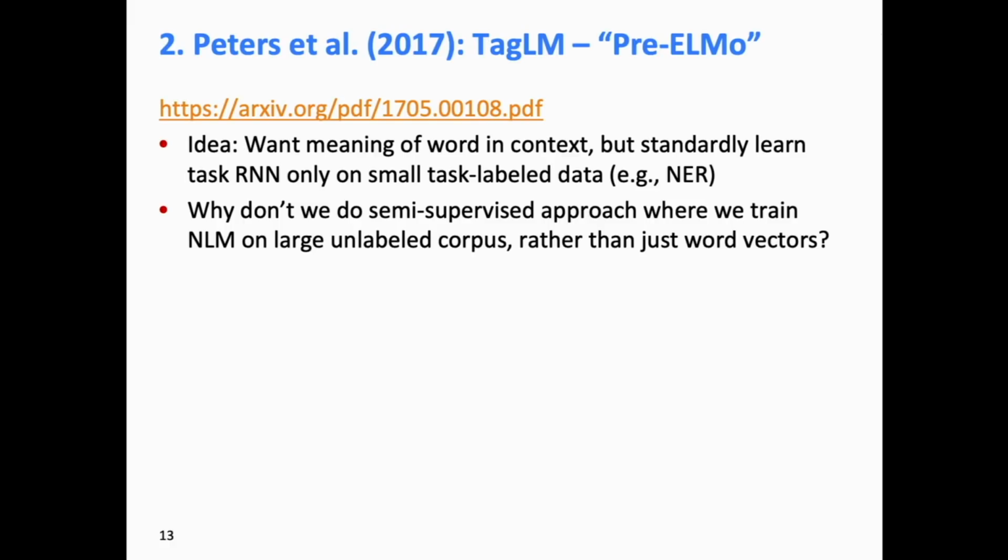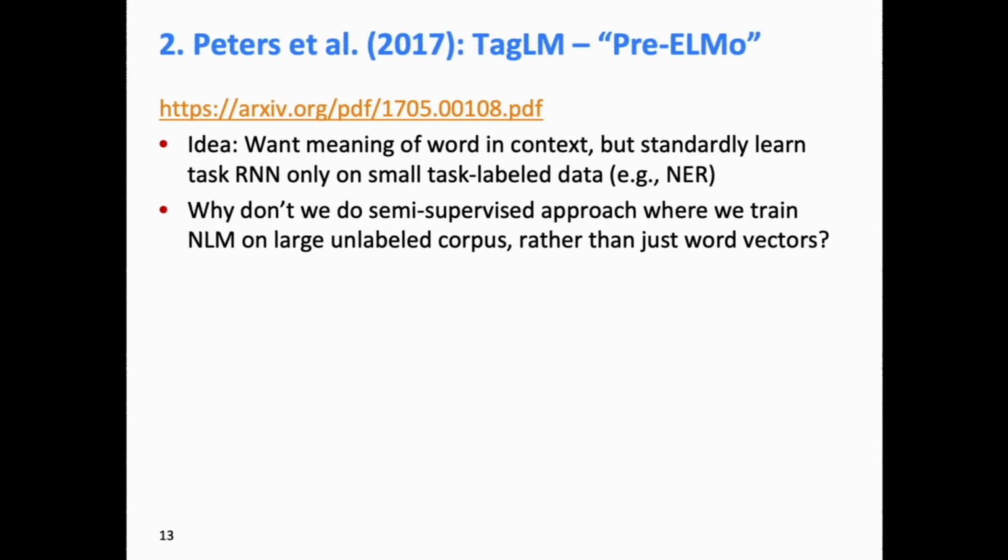One of the first papers to do that was one Matt Peters wrote in 2017, the year before last. It was a predecessor to the modern versions of these context-sensitive word embeddings. Together with co-authors, he came up with a paper called TagLM, but it essentially already had all the main ideas.